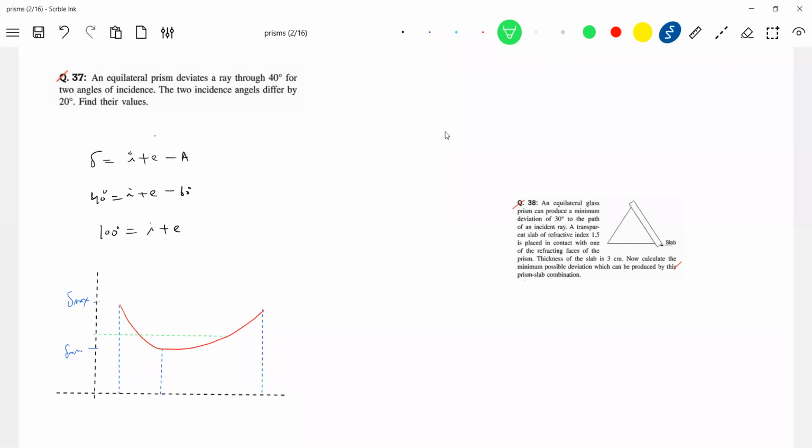Okay, there's a deviation curve. These are the two angles, i and d. We discussed only the maximum deviation, so I'm discussing a problem like this here. What should be the difference? e minus i should be 20.